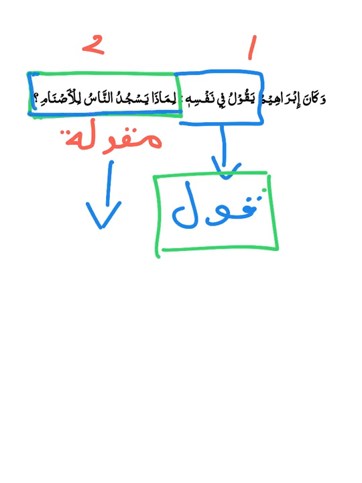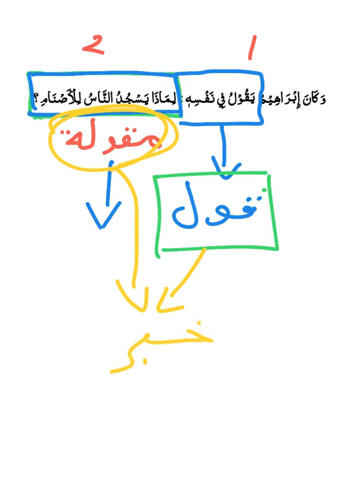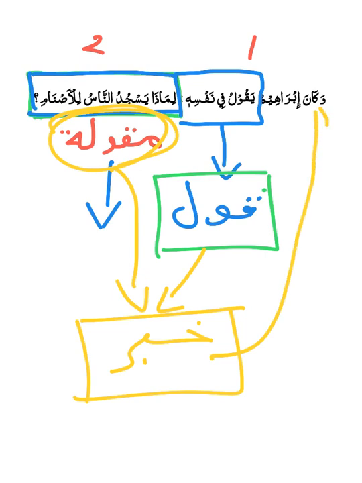After becoming jumla fi'liya, it becomes the maqula. The qawl and maqula together will become the grand khabar of this kana. Kana with its ism and khabr will become jumla fi'liya. So this is new information, qawl and maqula.